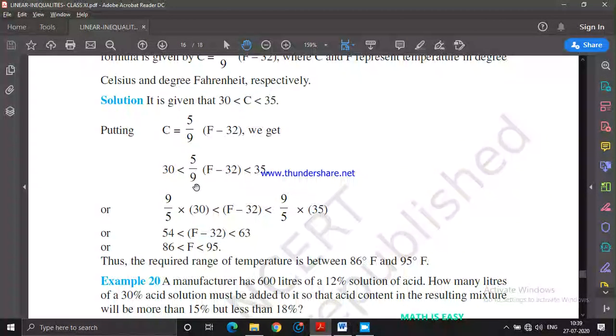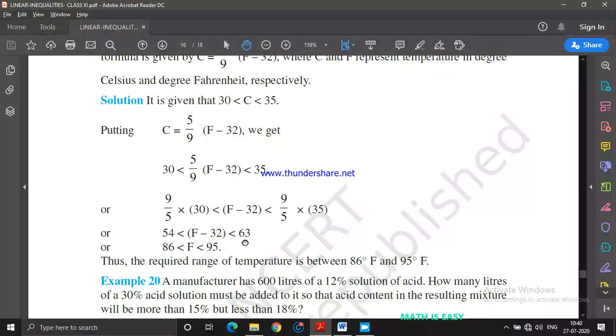So first multiply with 9 by 5, the reciprocal. 9 by 5 into 30. 9 by 5 into 5 by 9, both will get cancelled. So I have F minus 32. 9 by 5 into 35. So 5 will get cancelled in 35, 7 times. 6 9s are 54 is less than F minus 32 is less than 7 9s are 63.